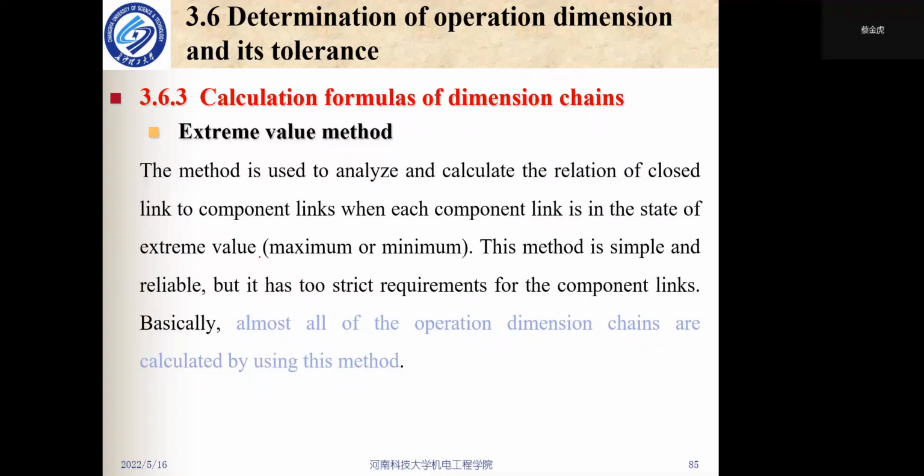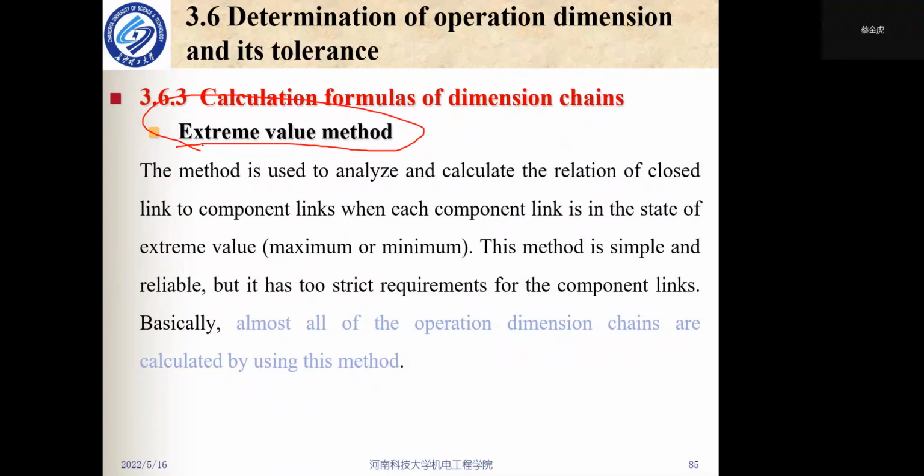There are two methods to calculate the dimension chain, and the first one is the extreme value method.